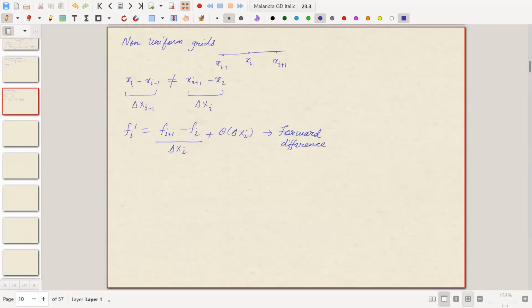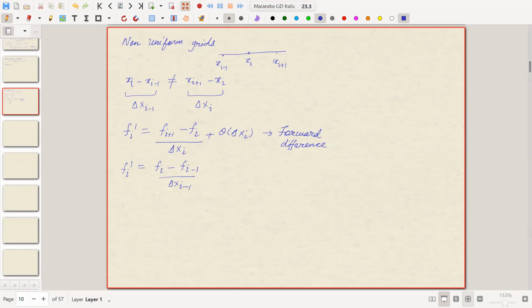Now similarly you can write f i prime equals f i minus f i minus 1 by delta x i minus 1.